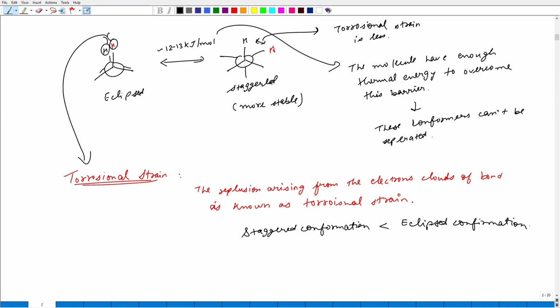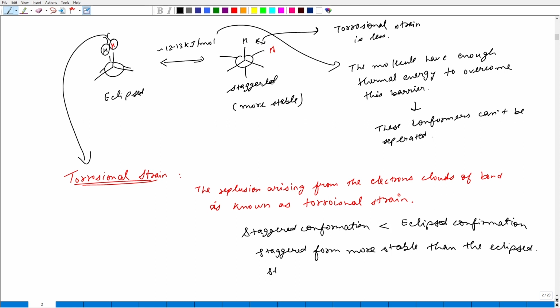And if the torsional strain is less, meaning the repulsion is less, the staggered form is more stable than the eclipsed. Okay.